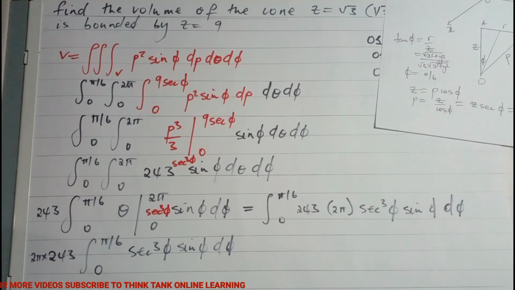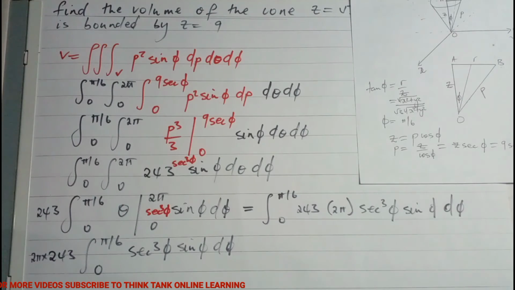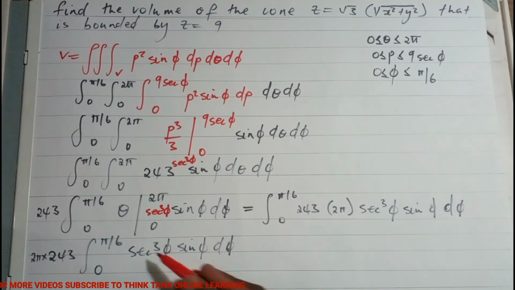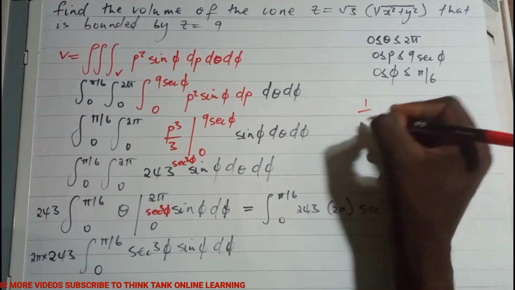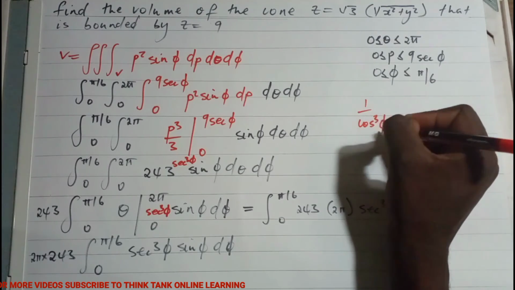Now we need to use substitution in order to integrate here. I'm going to use this identity. We know that secant is the same as 1 over cos to the power 3 phi.